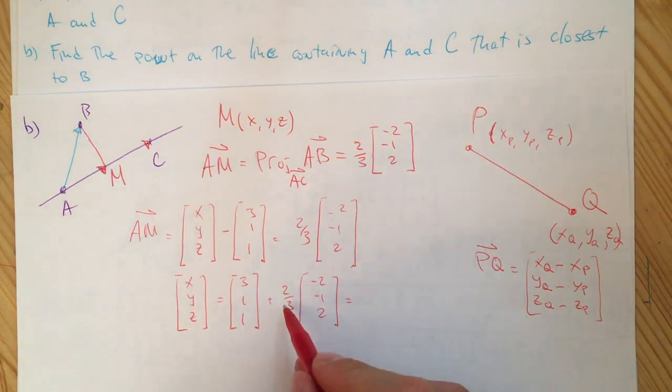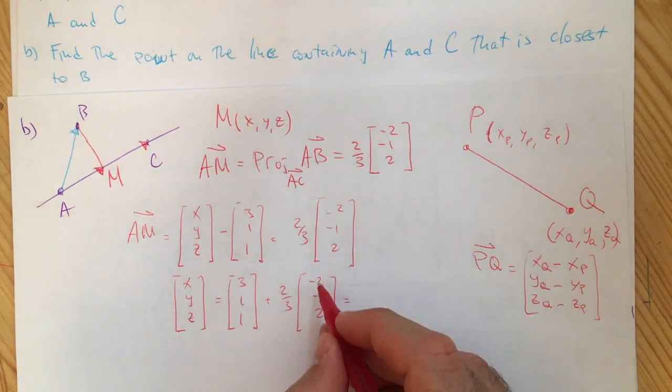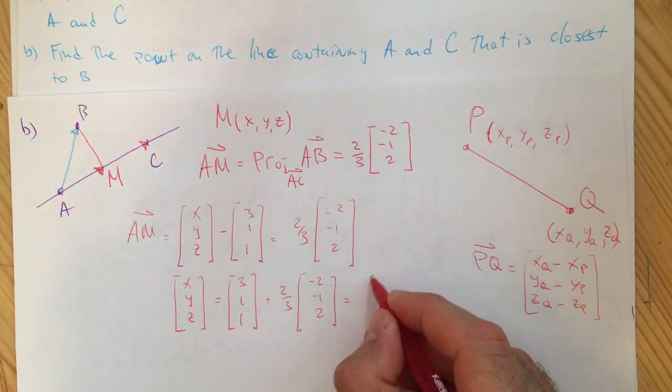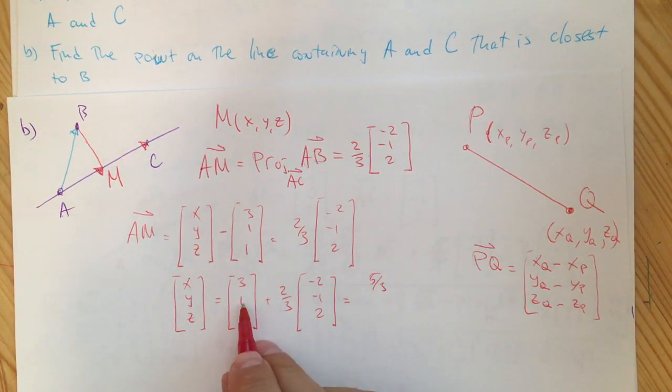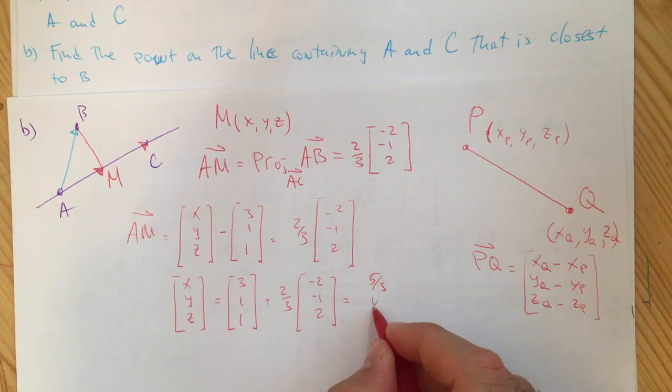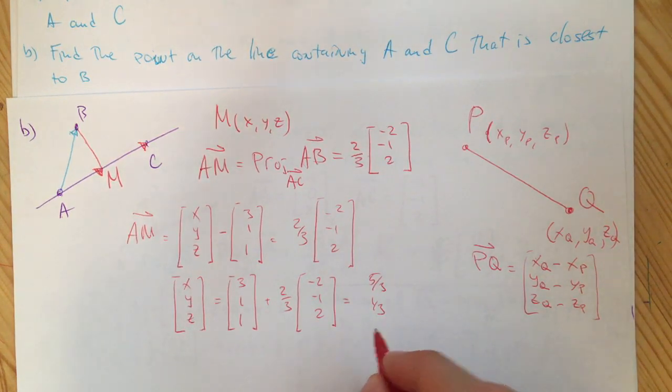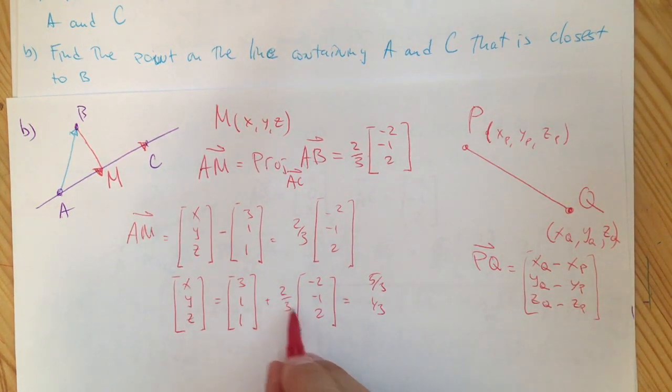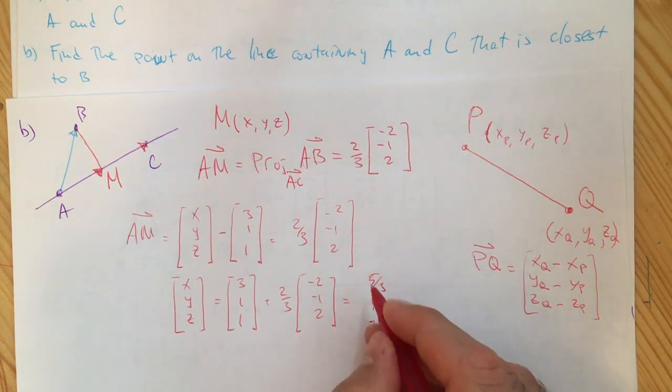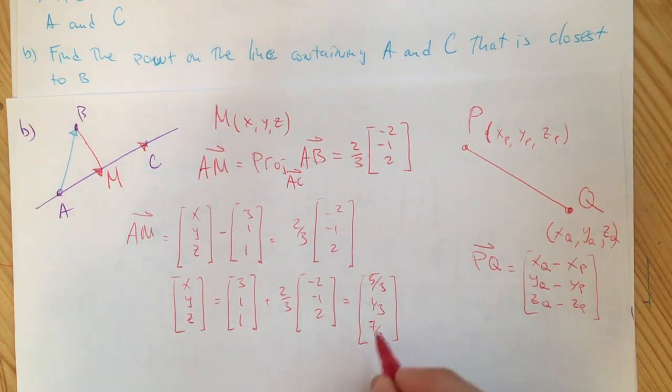And how much is that? This is 9 minus 4 over 3, so that's 5 over 3. 1 minus 2 over 3 is 1/3. And 1 plus 4 over 3 is 7 over 3. So those are the coordinates of the point M.